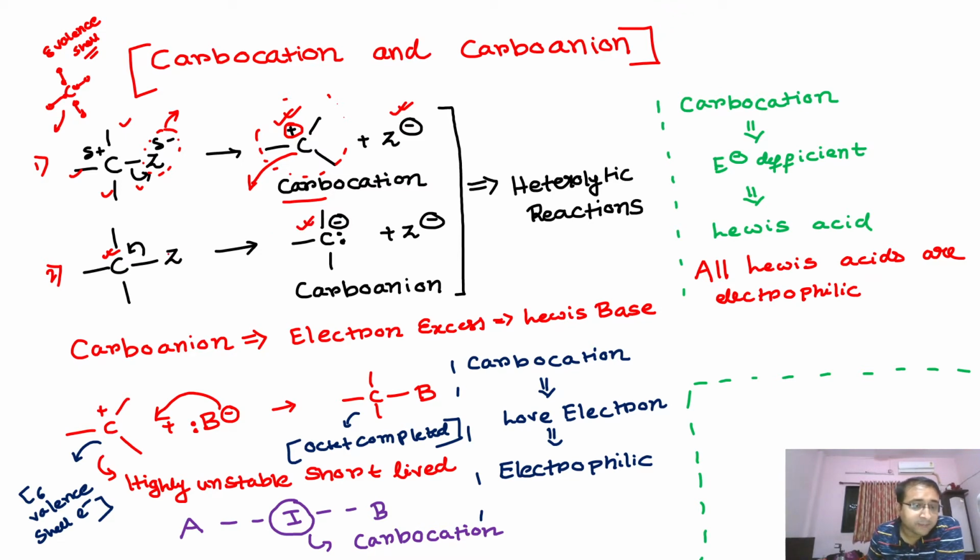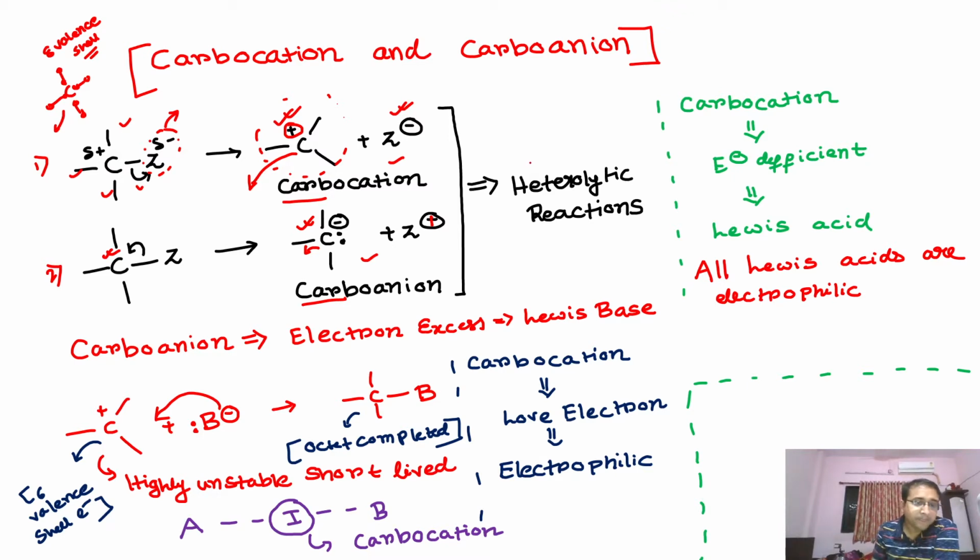On the other hand, this Z atom will have one positive charge over it. As it has a negative charge, these types of species are called carboanion. Carbo because it has the carbon atom, and as it is an anionic species, it is called carboanion. So basically carbocation and carboanionic species are formed due to these types of heterolytic bond breakage.